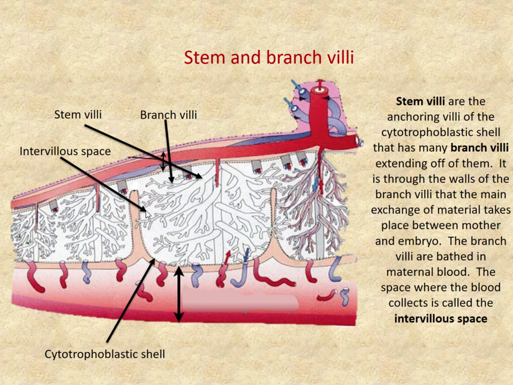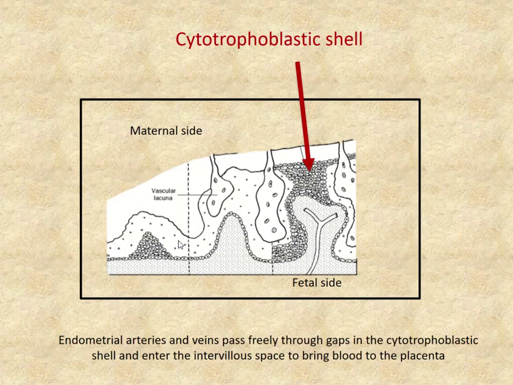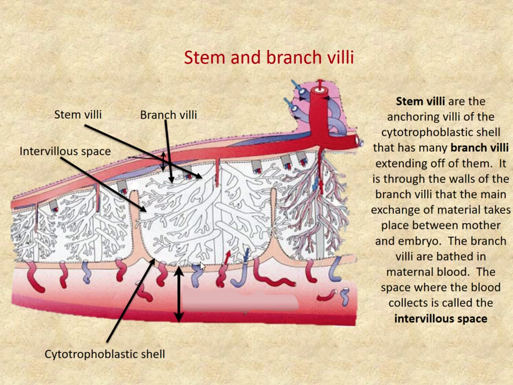And then the white space here that is between the branch villi is called the intravillus space, and that's where blood from the spiral arteries from the uterus is going to empty, pretty much allowing it to bathe all of these little branch villi with blood. And then the veins will drain the space. So there's no mixing of blood.